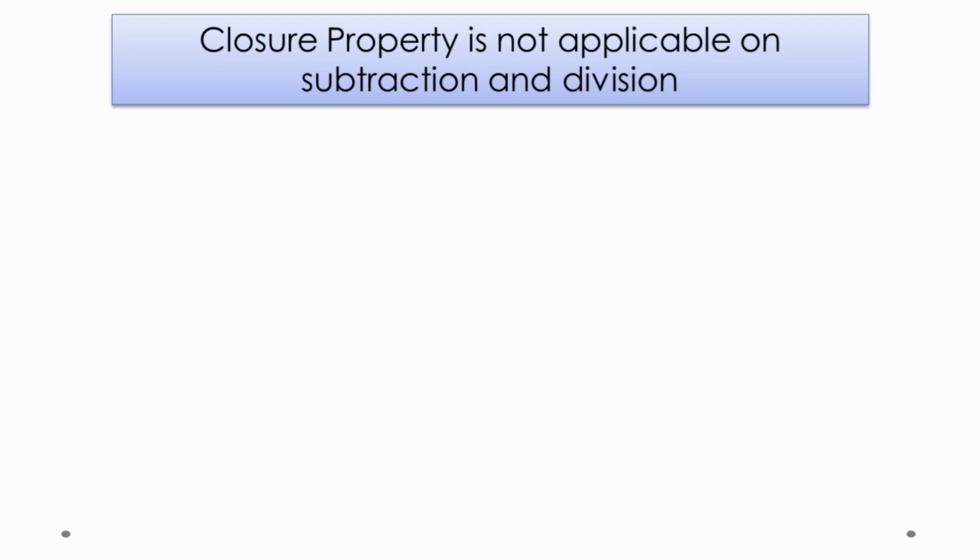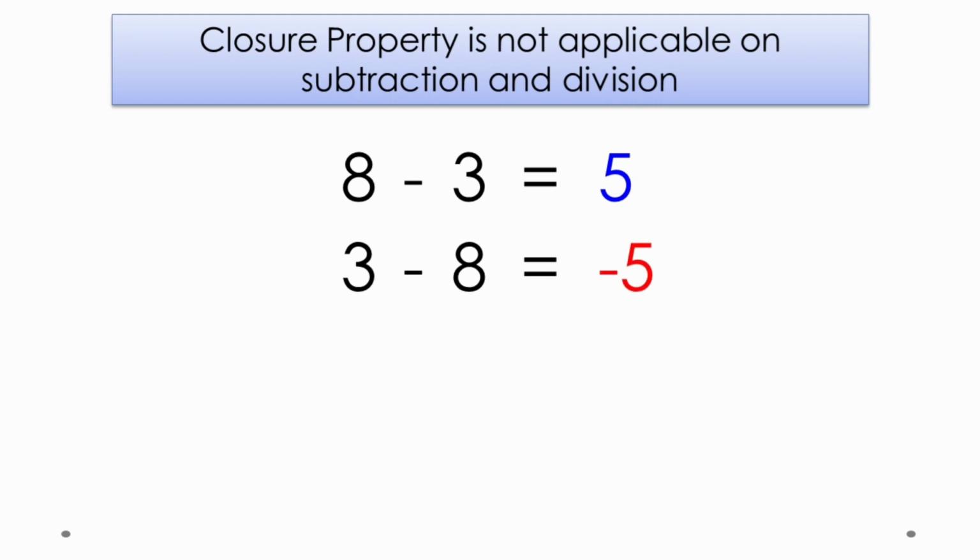Let's see how the closure property is not applicable on subtraction and division. If we subtract a whole number 3 from another whole number 8, that is 8 minus 3, the result is 5, which is a whole number. But if we subtract 8 from 3, that is 3 minus 8, the result is minus 5, which is not a whole number. Similarly, if we divide whole number 8 by another whole number 2, the result is 4, which is a whole number.